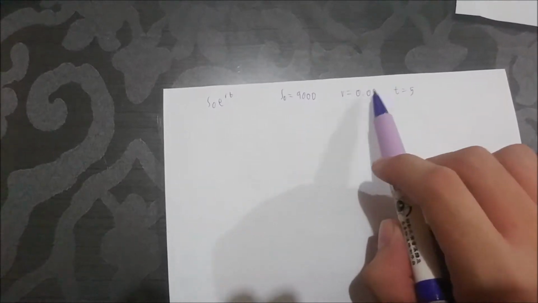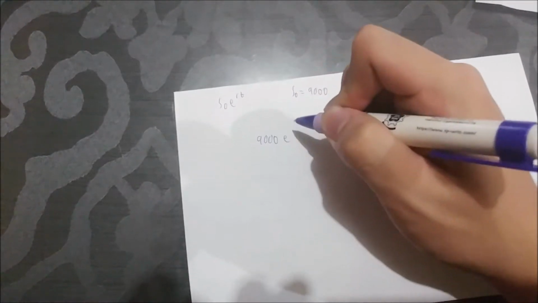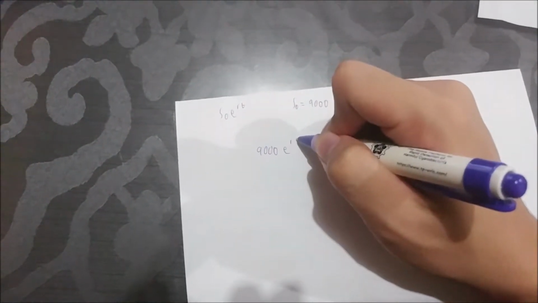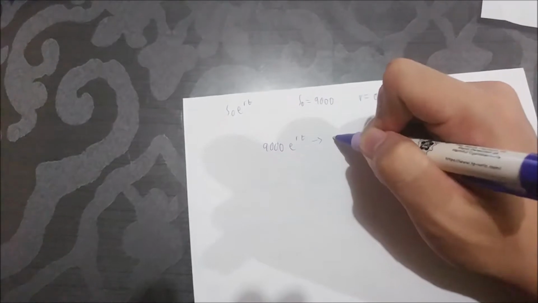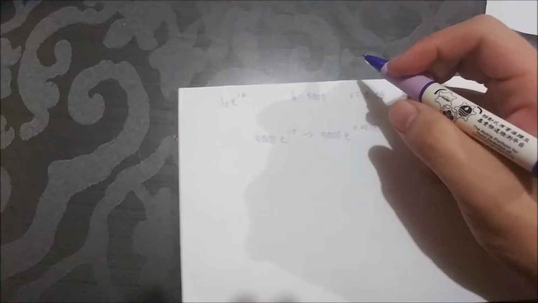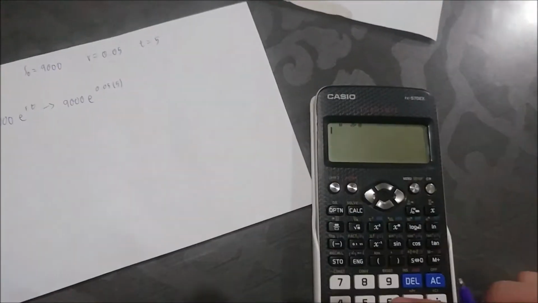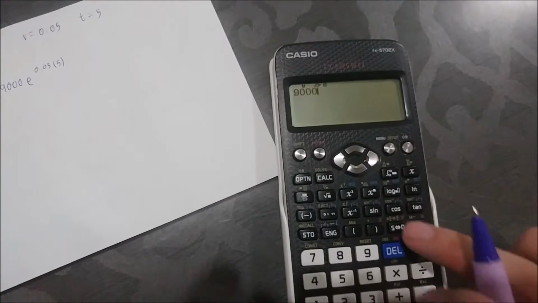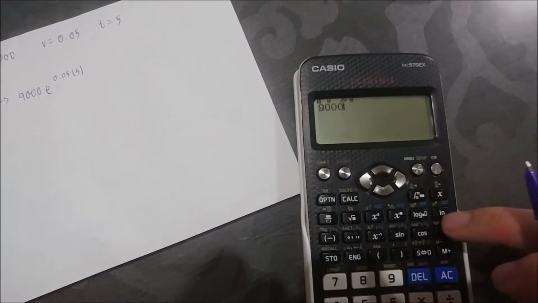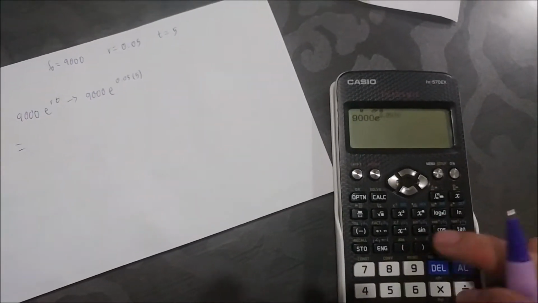So it's pretty straightforward now that we have all of the values. We can just substitute in. So it's going to be 9,000 times e raised to rt, which is equivalent to 9,000 e raised to 0.05 times 5. Let's calculate 9,000 times e raised to 0.05 times 5.